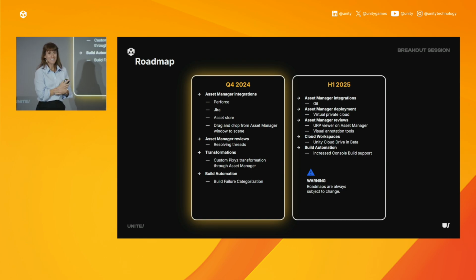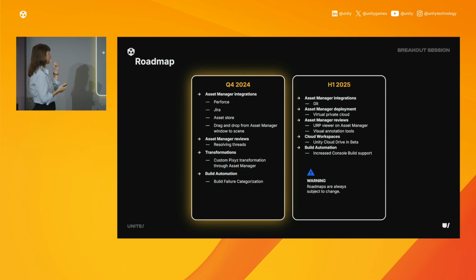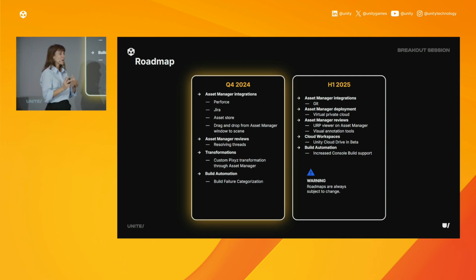Now, what's next? For the upcoming months and early 2025, you can look for more integrations. The asset store integration that I showed you is the only thing that is not released yet. You can look for it in the upcoming weeks, but the rest is in production and you're able to test it now.